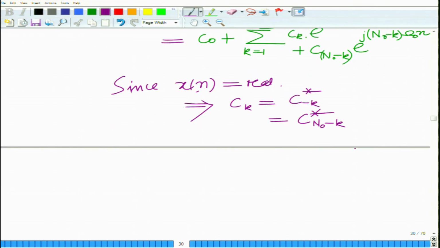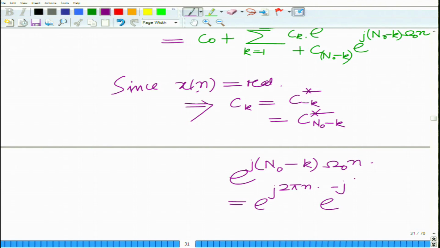Okay. And further, if you look at e raised to j (N naught minus k) omega naught n, this is e raised to j N naught omega naught n, where N naught omega naught is 2 pi, so e raised to j 2 pi n into e raised to minus j k omega naught n, and e raised to j 2 pi n is basically unity.